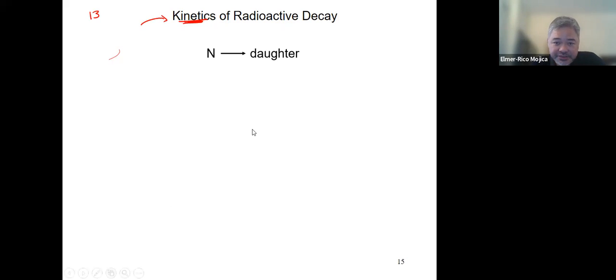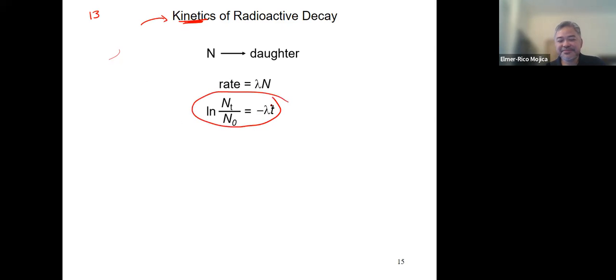And the way that we're going to look at this one, what order is this? Anyone? What is the order of that kinetics? When we're talking about radioactive decay, we're talking about first order. You still remember that?